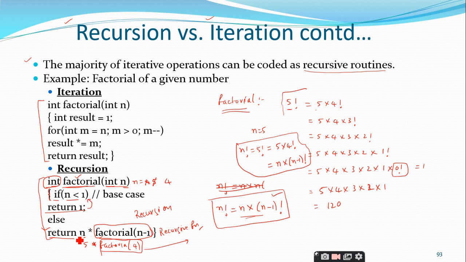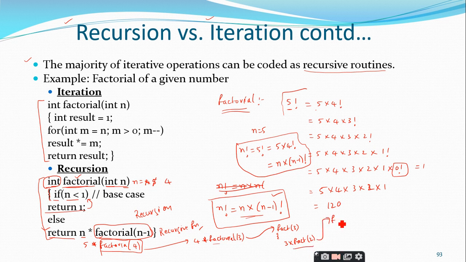4 less than 1, condition false, therefore it will return this value. Therefore, 4 multiplied with factorial of 3. Again, this is another recursive call. Now it will call the factorial function again. Therefore, it will call factorial of 3, and 3 less than 1 is false. Therefore, it will execute this statement. Therefore, 3 into fact, I am just shortcutting factorial to fact, right? Factorial of 2. Therefore, this is again a function call.